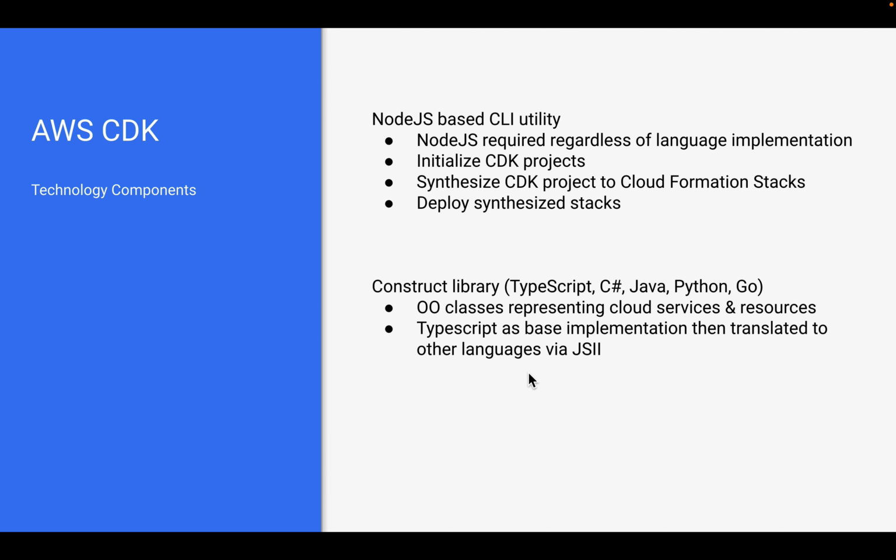What AWS has done is it has also shepherded an open source project referred to as JSII that can take TypeScript and translate or transpile it into other languages that JSII supports, which as of today are C#, Java, Python, and Go. So those are the technical components of AWS CDK.